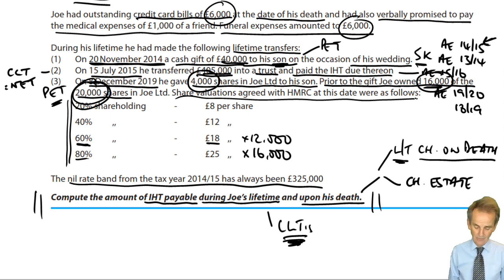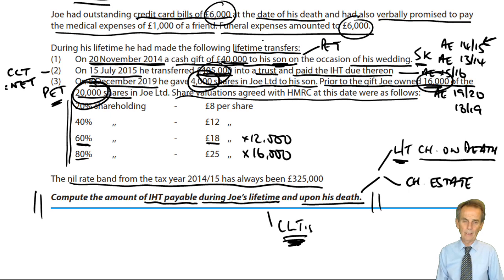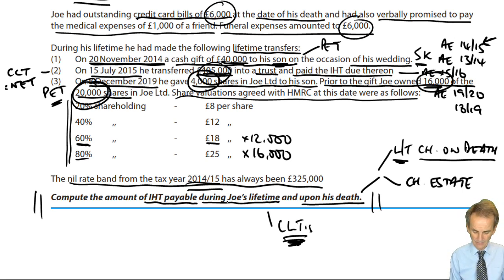They are only chargeable if you die within 7 years. So that means that given the amount we had, okay, the transfer of value was 405, it's going to be diminished by an annual exemption, I think it was there, but we're still going to have a figure that takes us above the then available nil rate band in 14-15. Tax year 14-15, that of course should be 15-16.